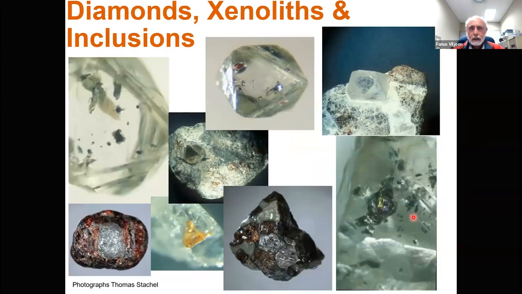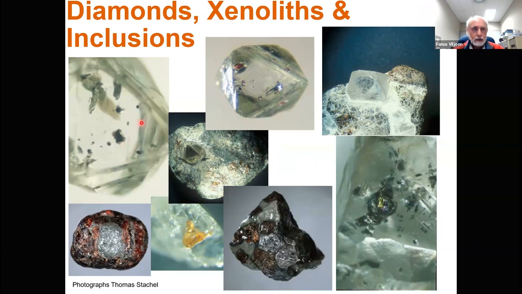Now, there's a close link between these rock types and diamonds, in that if we look at diamonds, we break them open and we pull out the inclusions that occur in them, we can classify both a peridotitic suite of diamond as well as an eclogitic suite of diamond.